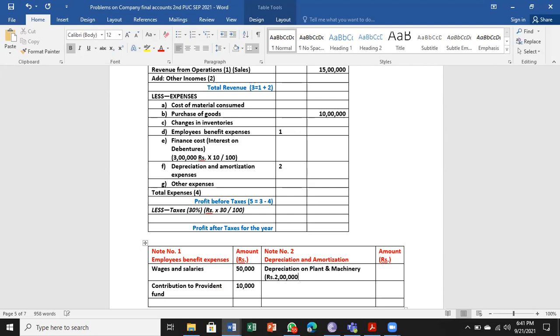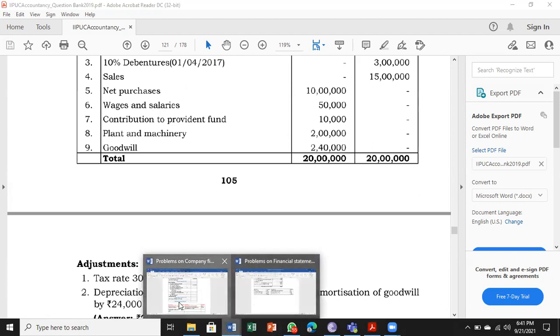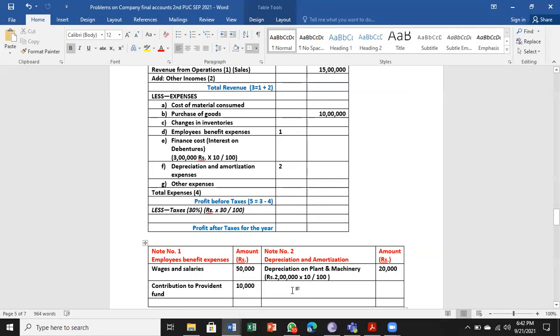Plant and machinery is 2 lakhs into 10%. That comes to 20,000 rupees depreciation on plant and machinery. We have one more adjustment connected to this here, amortization of goodwill by 24,000. It is given here 24,000. So amortization also comes under depreciation and amortization, note number 2.